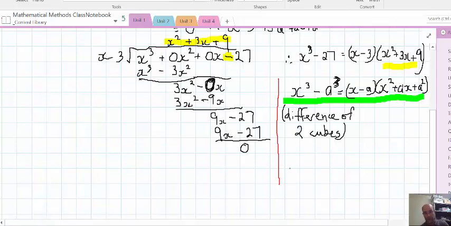What if we had x cubed plus a cubed? It looks similar, doesn't it? So basically this would be like replacing a with negative a in the previous identity, so we'd have x cubed minus negative a, cubed.